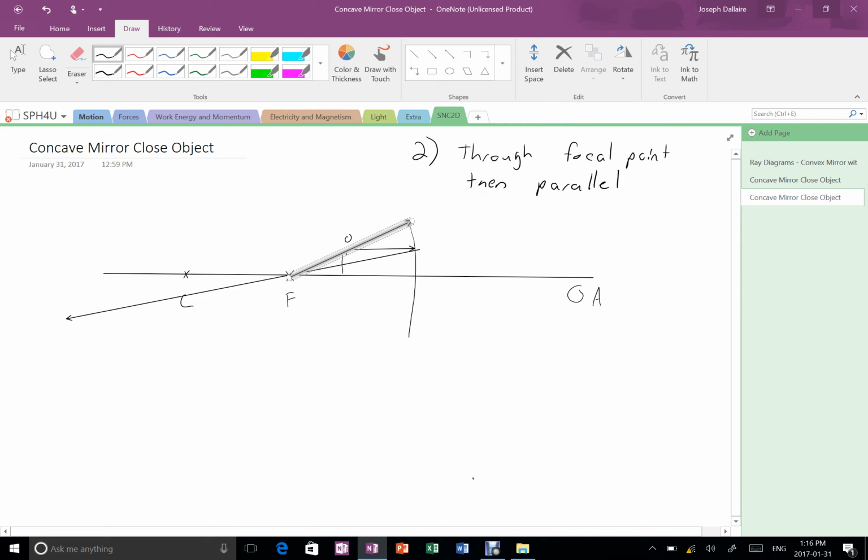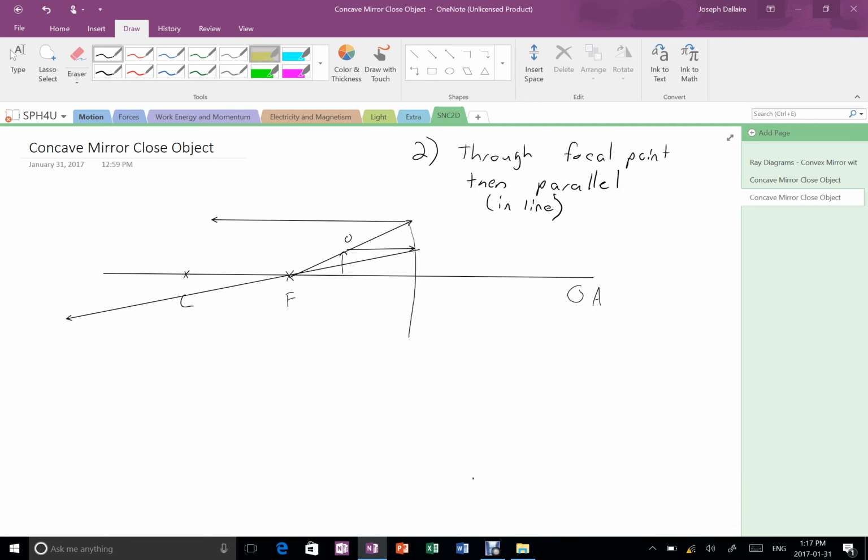And then when that ray hits the mirror, because it is in line with the focal point on its initial angle, that means that that ray is going to bend parallel. So through the focal point, well, not really. What we mean by through the focal point, like we did in the other one too, is in line with the focal point, and then that ray is bending parallel.